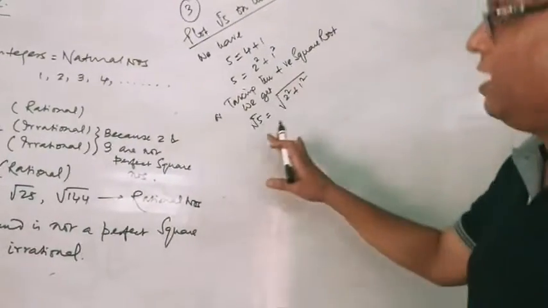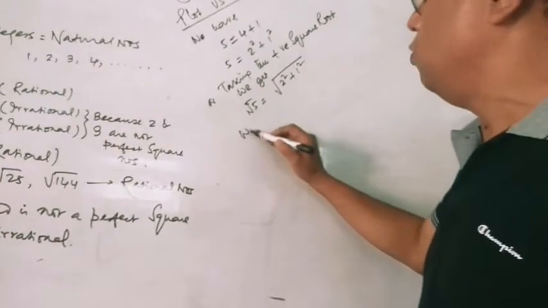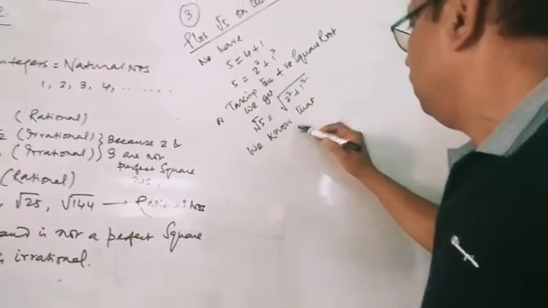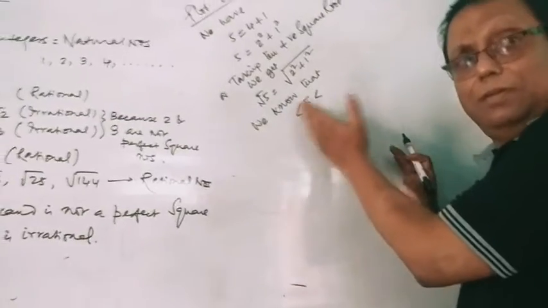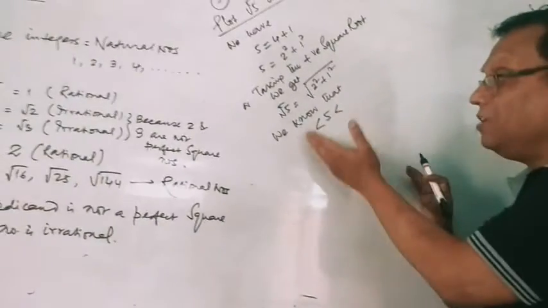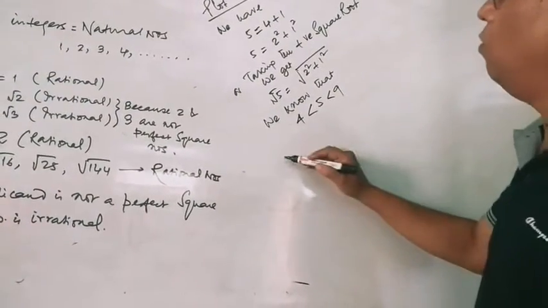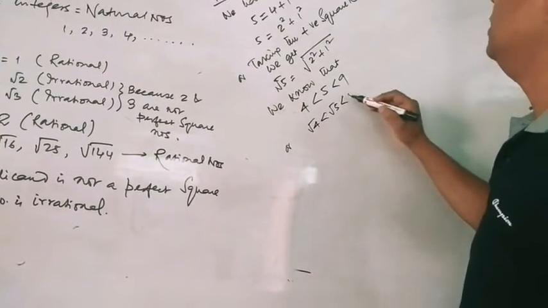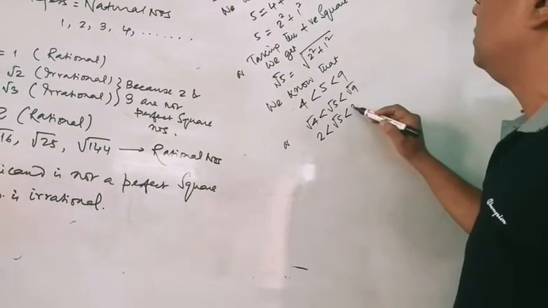Now, we are going to plot root 5 on the number line. We will write two perfect squares, one smaller than 5 and the other greater than 5. Smaller than 5, the perfect square is 4, and greater than 5, it is 9. So root 4 is smaller than root 5, which is smaller than root 9, that is, 2 is smaller than root 5, which is smaller than 3.